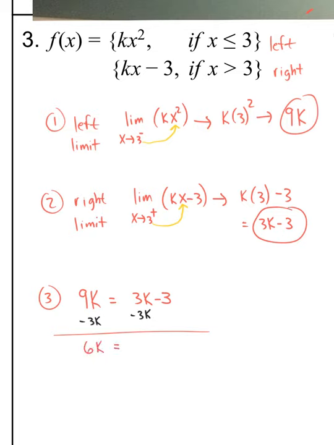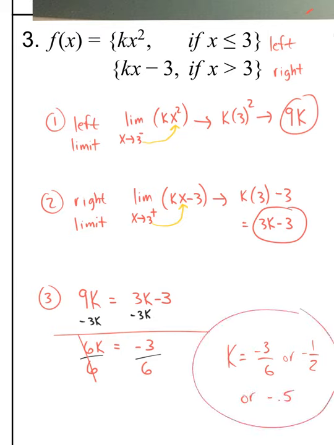On the right, I'm left with negative 3. Now to get k completely by itself, we divide both sides by 6. Good old algebra. These cancel. My k is equal to negative 3 over 6, or negative 1/2, or negative 0.5. A lot of options. There's k. Check your work. Use your calculator.